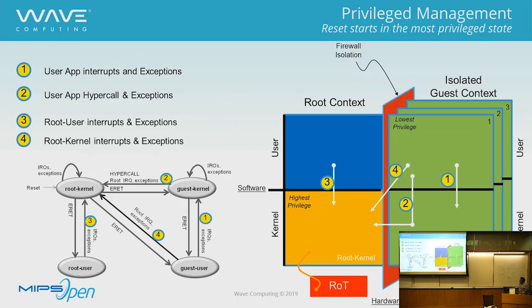This is another way of looking at it, maybe easier to see. The root context, as I mentioned, is a privileged state. You can actually have isolated guest contexts. There are different means, as shown here. When reset happens, you start at the root context, root kernel, and then you can initialize the system and enable different guests.